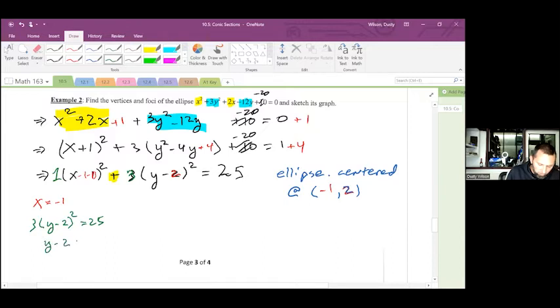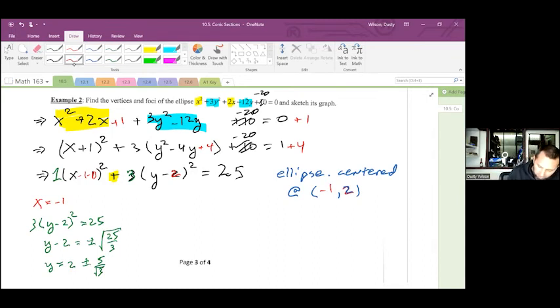Y minus 2 is going to equal plus or minus the square root of 25 over 3. Or y is going to equal 2 plus or minus 5 over root 3. So that's going to be one of my sets of vertices.